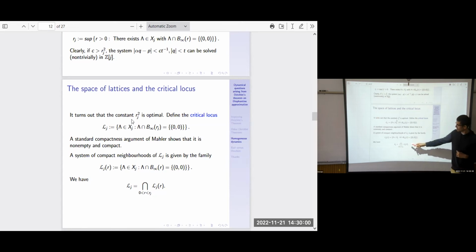Right. Okay. So we have this system of compact neighborhoods. The point I want to make here is that these guys are open. So if you look at the Haar measure, each of these things gets positive mass. Well, they're compact neighborhoods, so they get positive mass. They're not open, sorry.